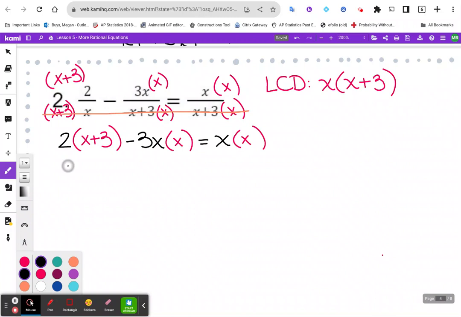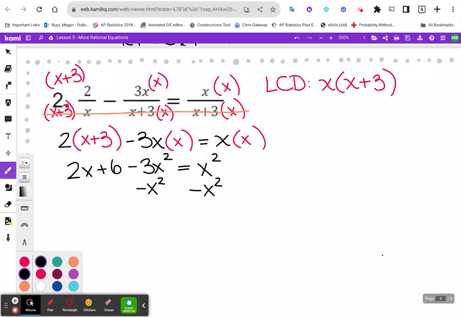I can distribute now, so I'll get 2x plus 6 minus 3x squared equal to x squared. Again, we want to make sure we bring everything to one side in this case. So I'm going to subtract this x squared over.